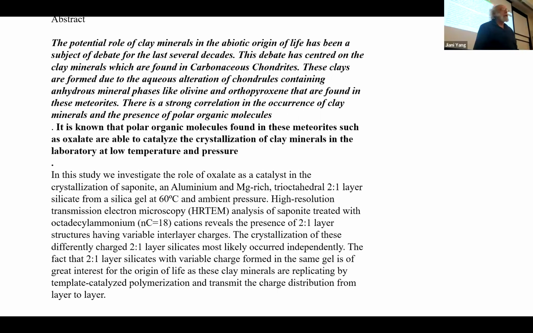So I went to Colorado, Boulder, and worked with Dennis Eberl. We set up an experiment where we put in oxalic acid and alkaline conditions with a gel of aluminum, silicon and magnesium, enough to make clay. And not iron clay, but aluminum silicate clay with magnesium.